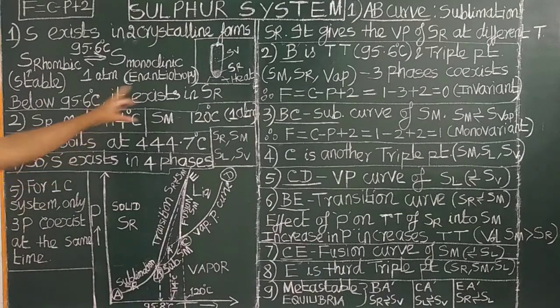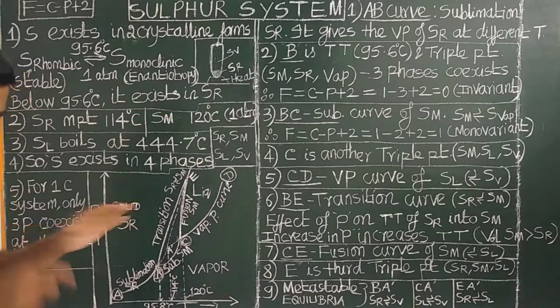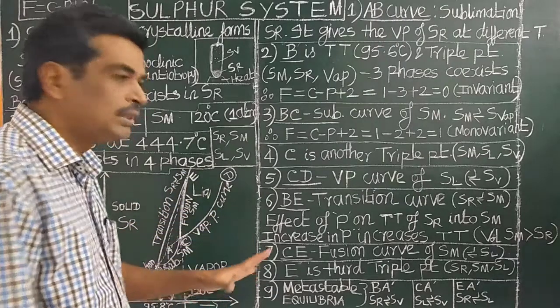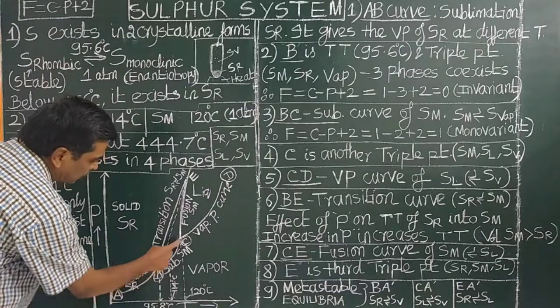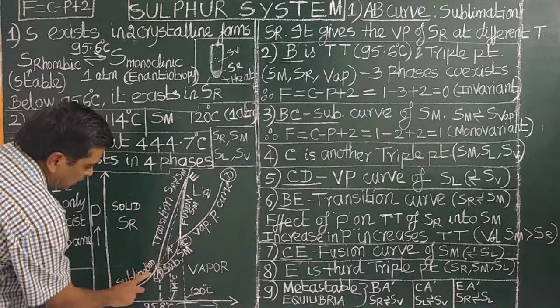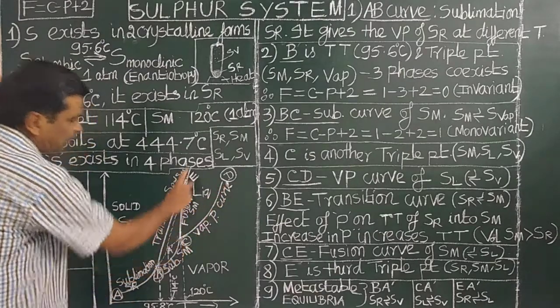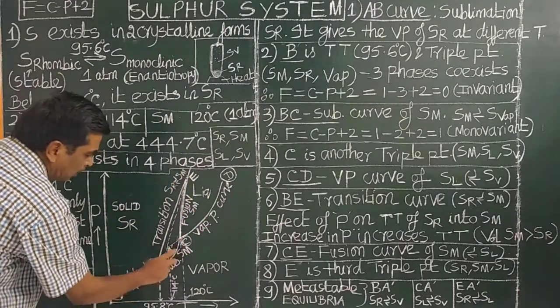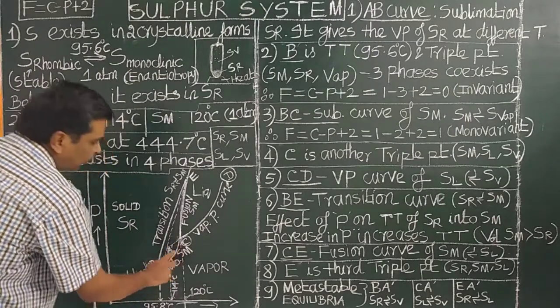Let us take how it is studied. It is very easy. It is similar to the water and carbon dioxide system. If you study the water system, you have sublimation curve of ice, vaporization curve, and fusion curve. Here you have sulfur rhombic, therefore sublimation of sulfur rhombic and sublimation of monoclinic.